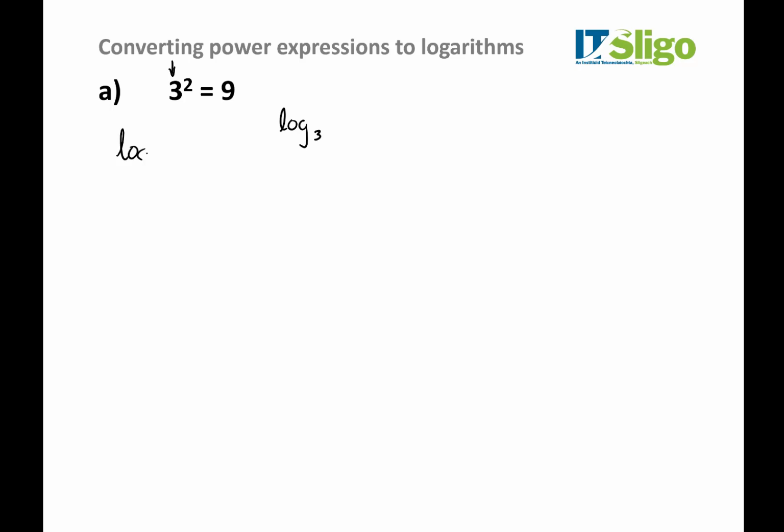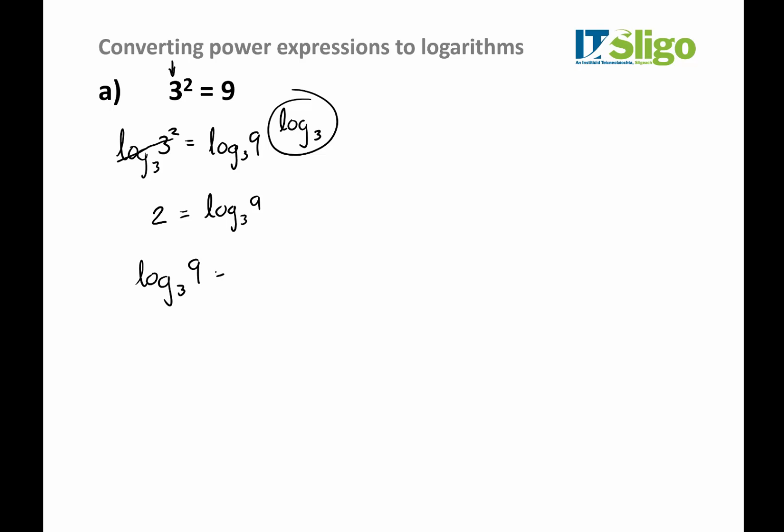So we get log to the base 3 of both sides. And here now, log to the base 3 and 3 to the power of are inverse functions. We saw that from the previous slide. The 2 just drops down. And now we have a log statement.